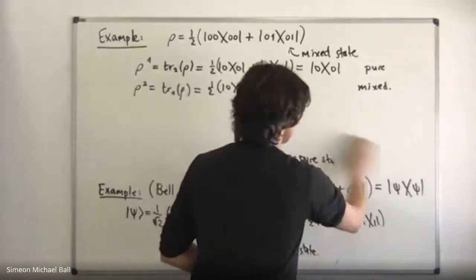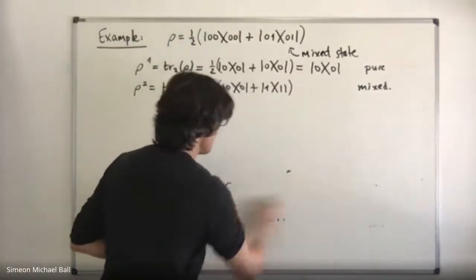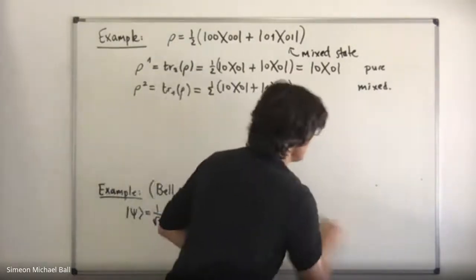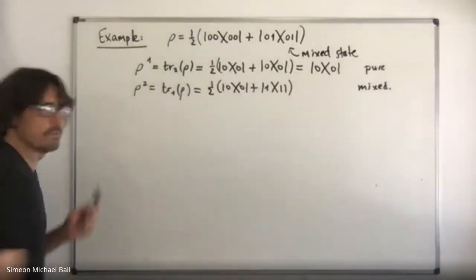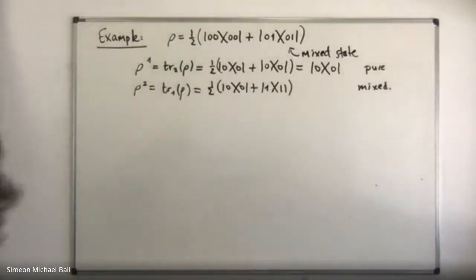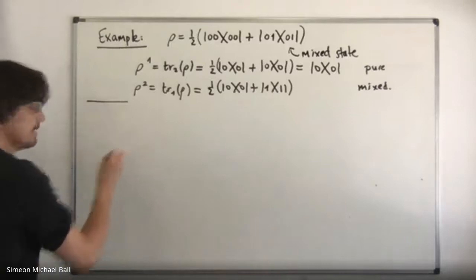So now I want to try and justify that this really is the correct description for the reduced system. I kind of gave a vague justification there.